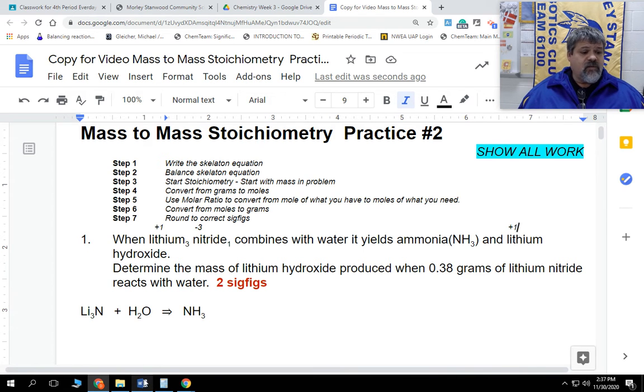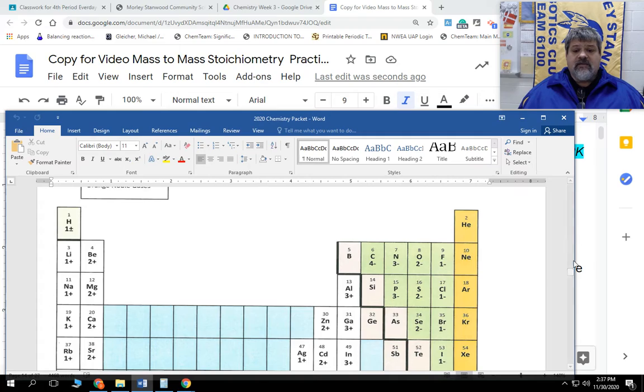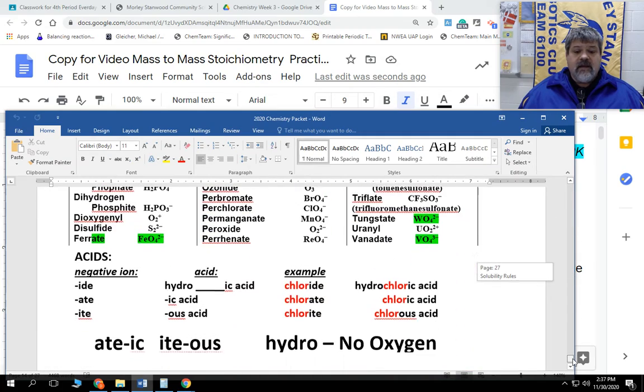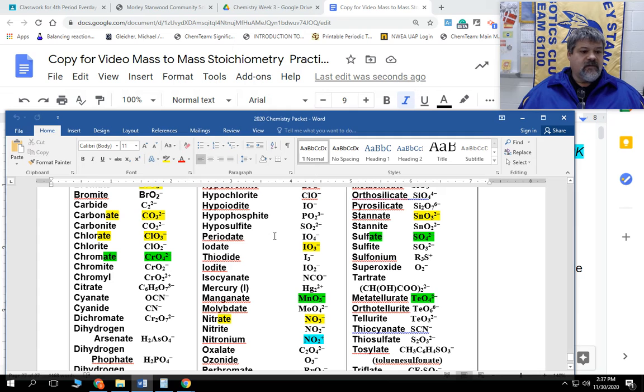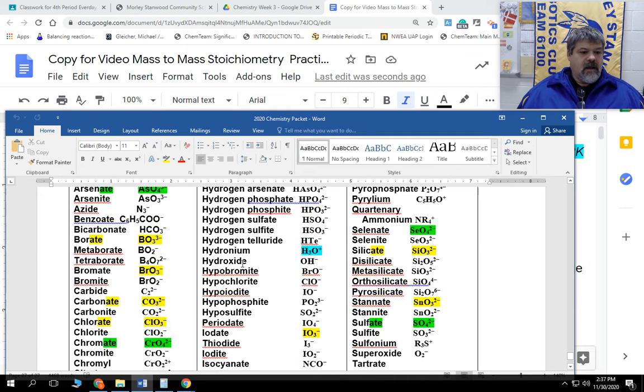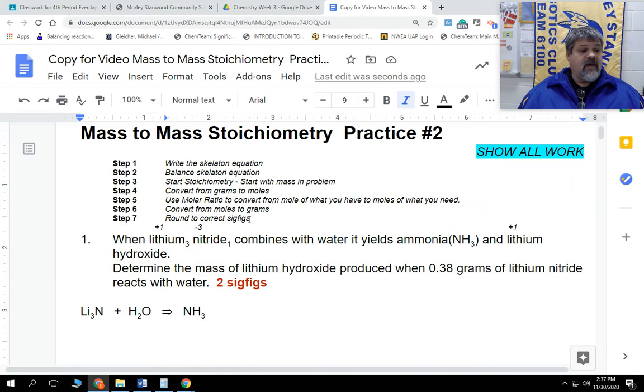So we need to go back to our packet. We look at our packet, scroll to the very end, and we need to find hydroxide. Hydroxide is OH, but it's a -1. So there's our formula for that, OH, and it's a -1.